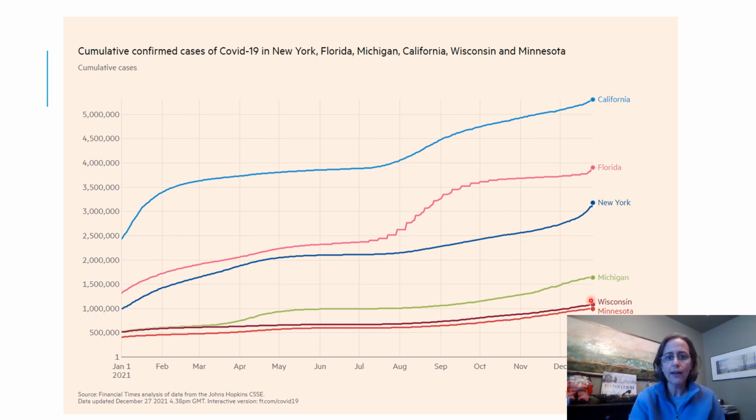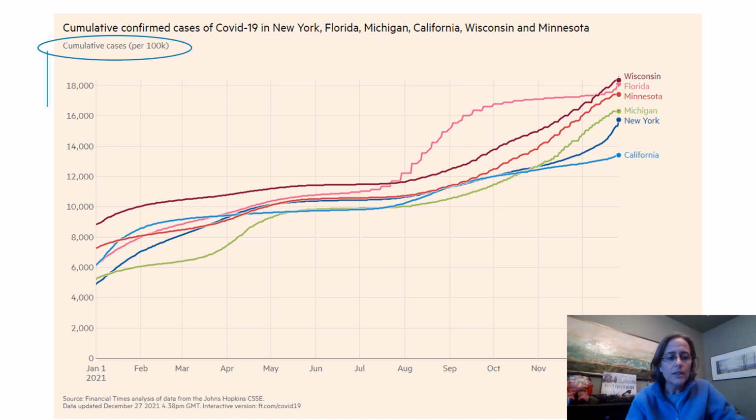So goodness, those Californians, right? They just must be spreading COVID all over the place. But actually, California is just a bigger state than we are. So of course they have more people who got infected. So if you control for the population, if you look at the rate rather than the total numbers, what you're going to see is this. So in this one, we're looking at cumulative cases, and it's usually out of every 100,000 people. That's usually the denominator they look at.